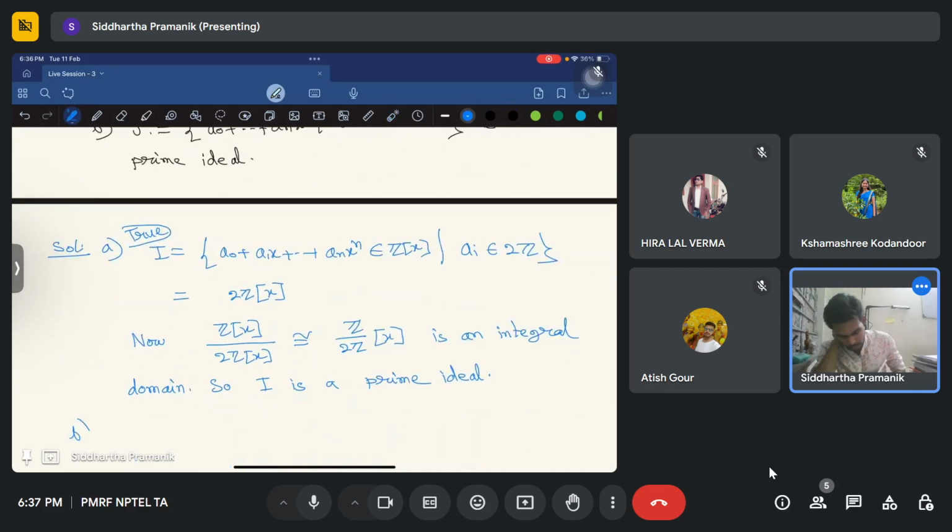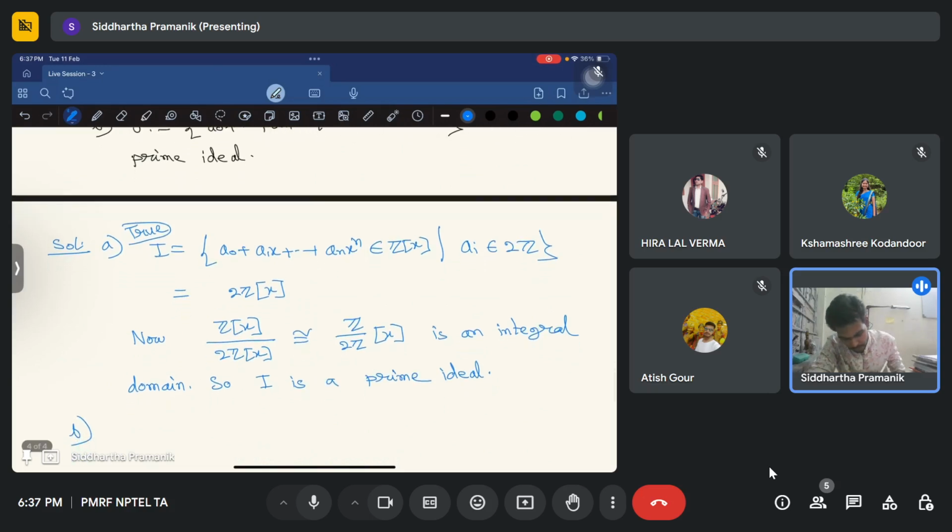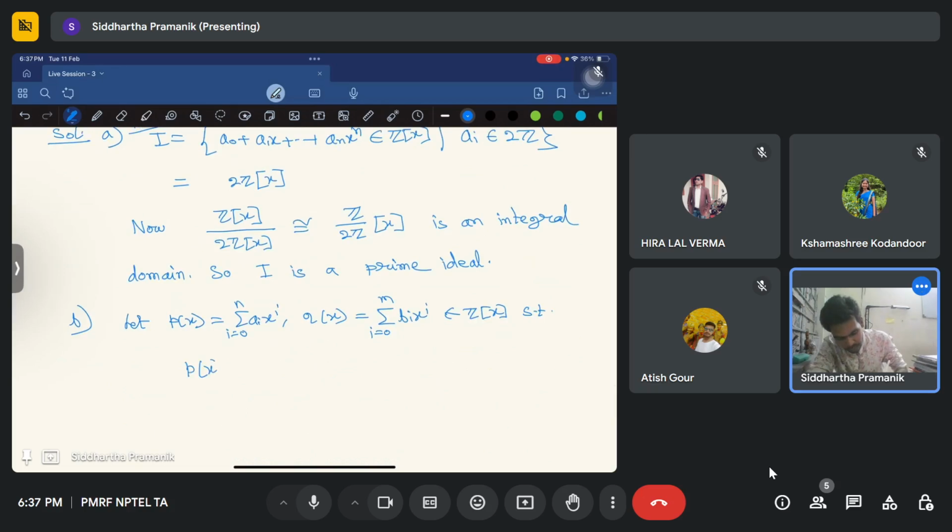So now let's go by the definition. Let P(x) equal summation ai x power i, i equals 0 to n, and Q(x) equal summation bi x power i, i equals 0 to m, be two polynomials in Z[x] such that their product P(x) times Q(x) belongs to the ideal J, right?